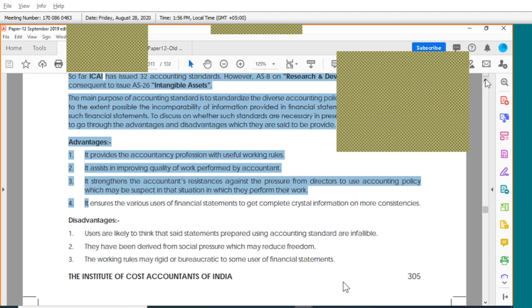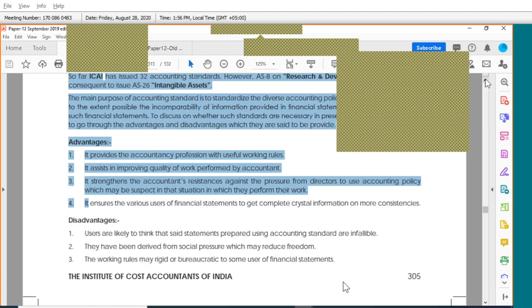What are the disadvantages? I don't think there are many disadvantages. As per me, the disadvantage is that accounting standards require some special knowledge. It is not only debiting and crediting, or debit what comes in, credit what goes out. It is not like that. We have to refer to a lot of principles and policies to account under the accounting standard.